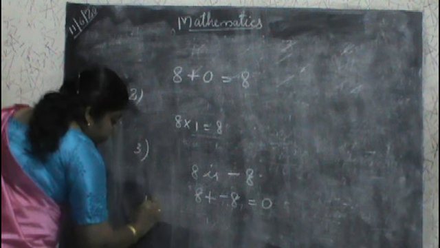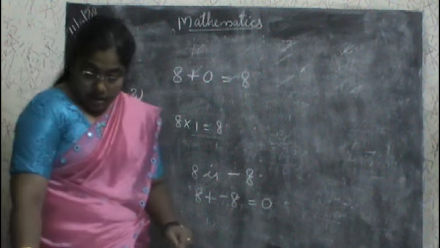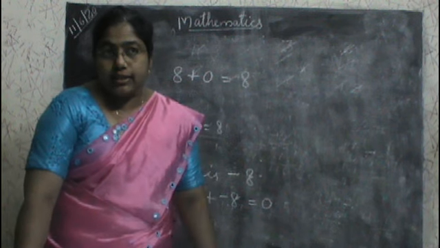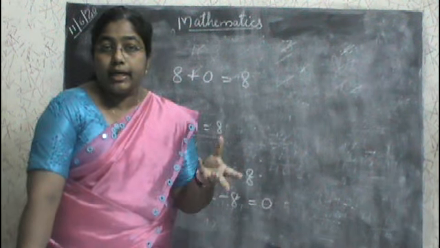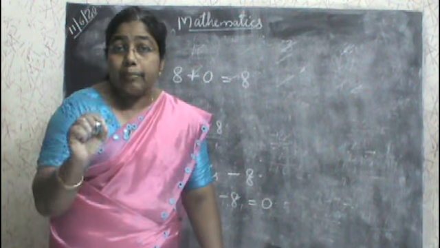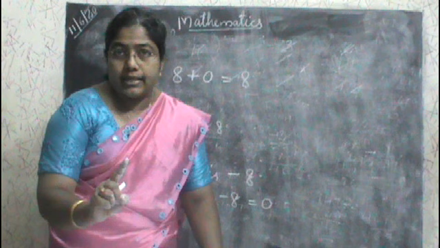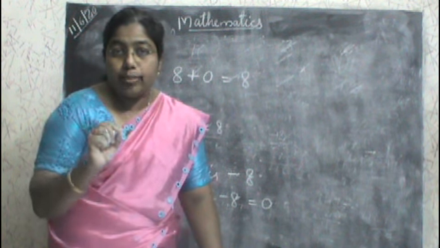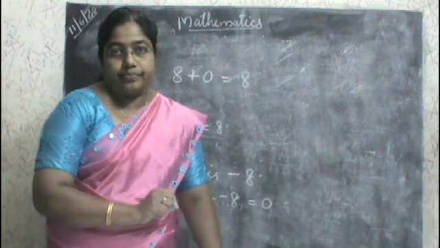Then number 4. Multiplicative inverse. Anybody can say what is multiplicative inverse of 8? 8 into which number is 1? 1 by 8. So multiplicative inverse is the reciprocal of the given number.